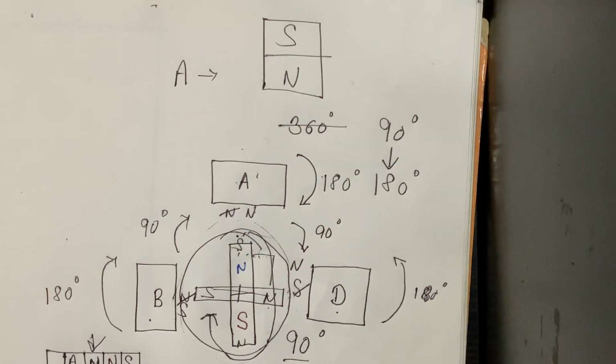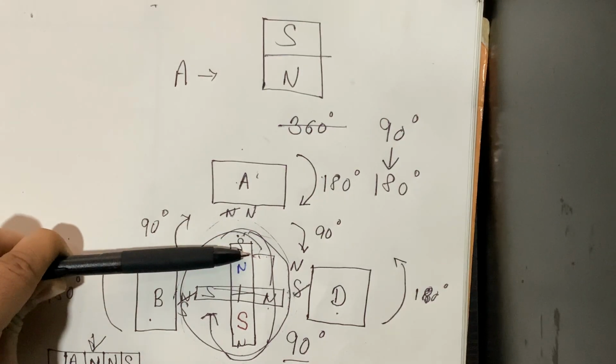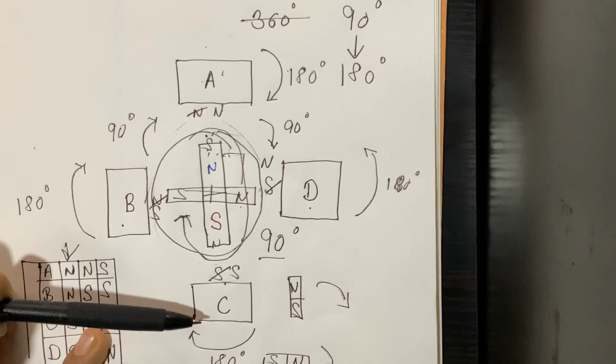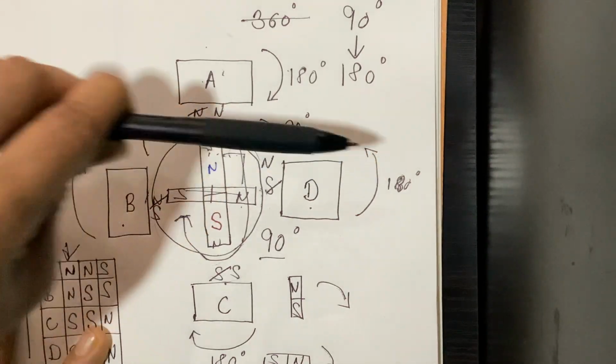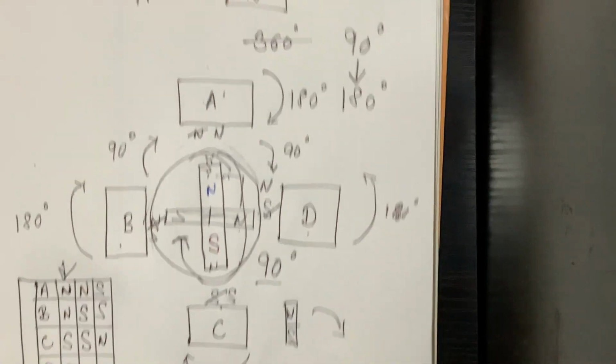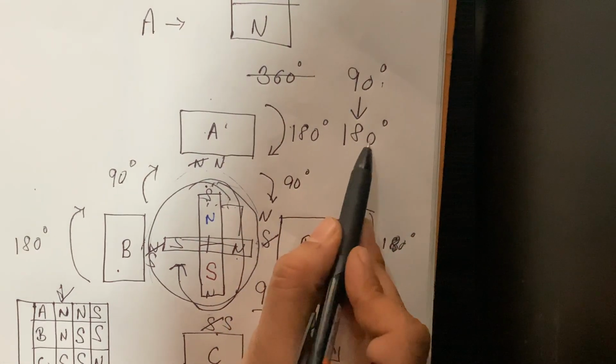Basically the key is just to rotate the magnets opposite to the central magnet by 180. So when it is horizontal, we'll do this. When it is again vertical, we'll do the same. So that is the thing. So 90 and 180, right?